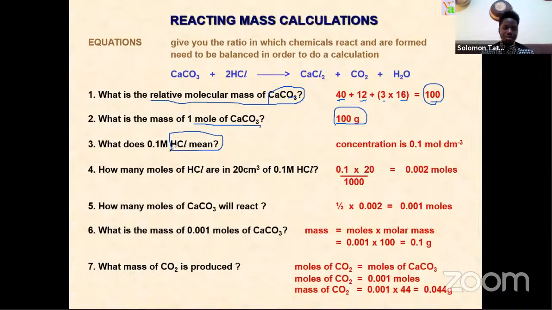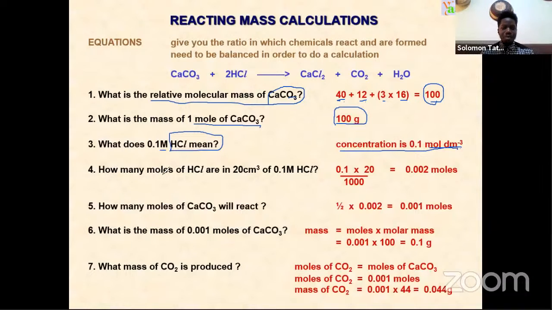If you're tasked to identify what that means, it is just the concentration of HCl. We can always have the unit as molar or mole per decimeters cubed. This decimeters cubed is key because it helps us to understand why we're getting, and we shall see that in a step or two.